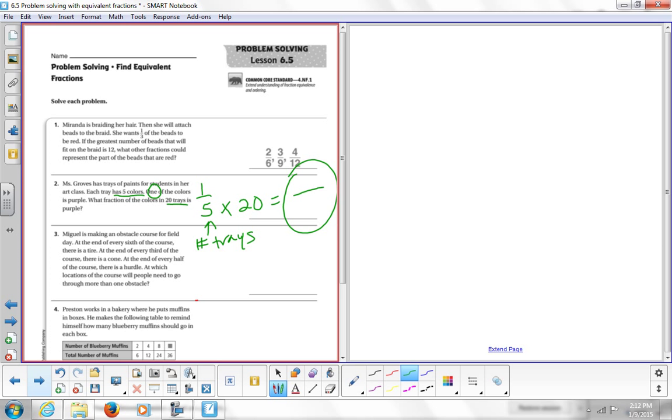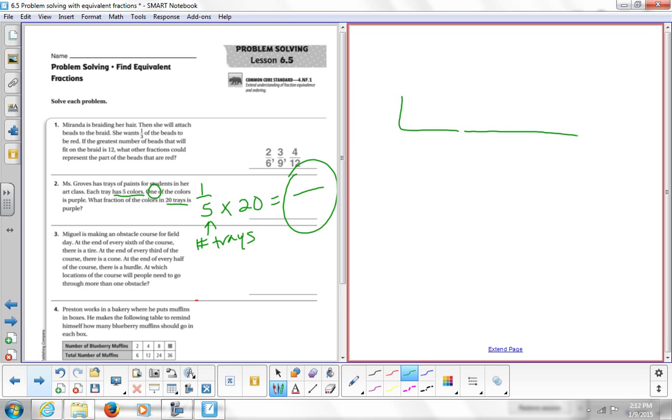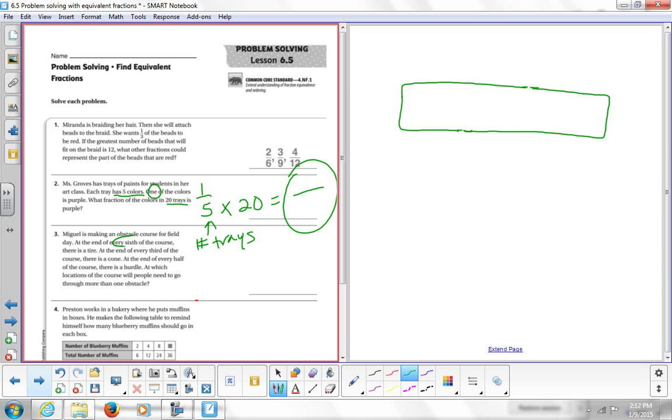We drew a course. So let's say this rectangle is our course, and we're going to go through the course. So I'm going to break this rectangle up into whatever my biggest denominator is. We have 1/6, 1/3, and 1/2, so I'm going to break it up into 6 because that's my biggest number.